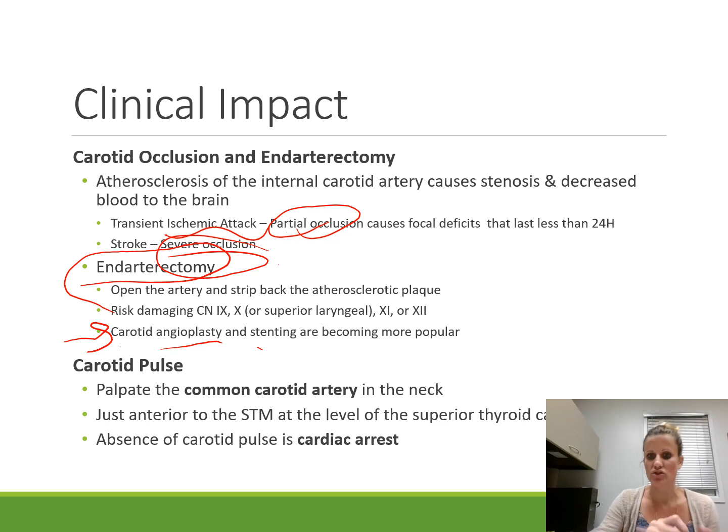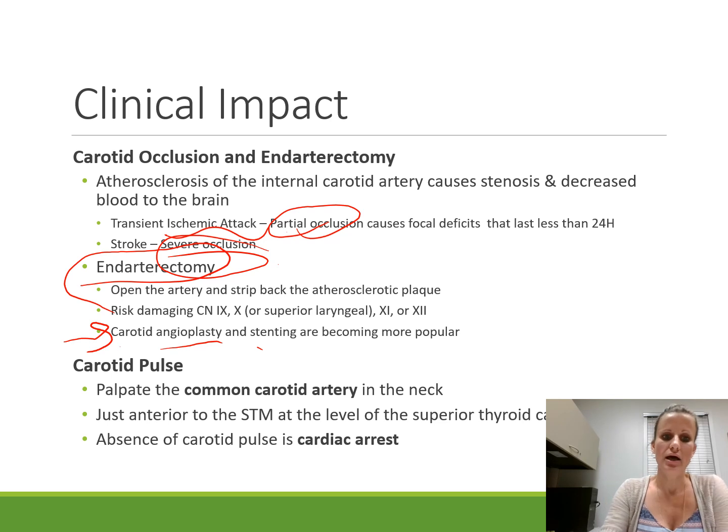And stenting, which is when we put the nice sleeve in there that keeps the vessel open. These are becoming more popular, and it's very similar to what we saw when we looked at it in the heart, just in the carotids instead.